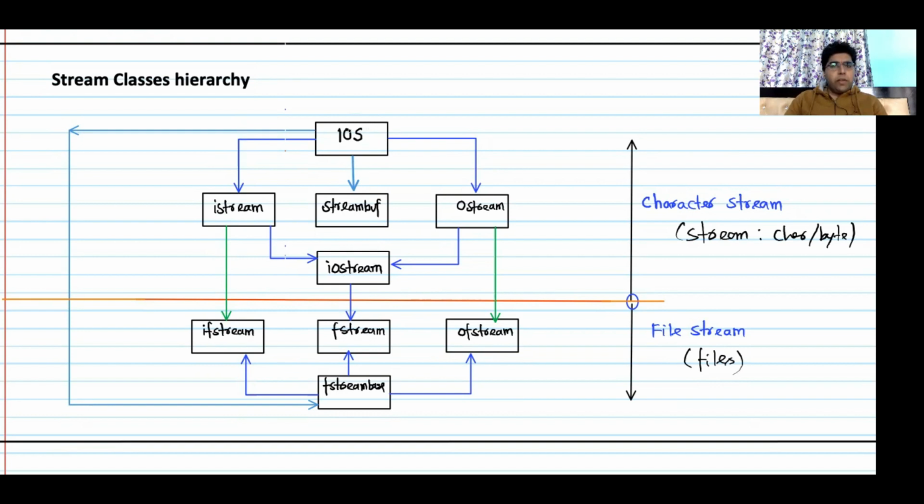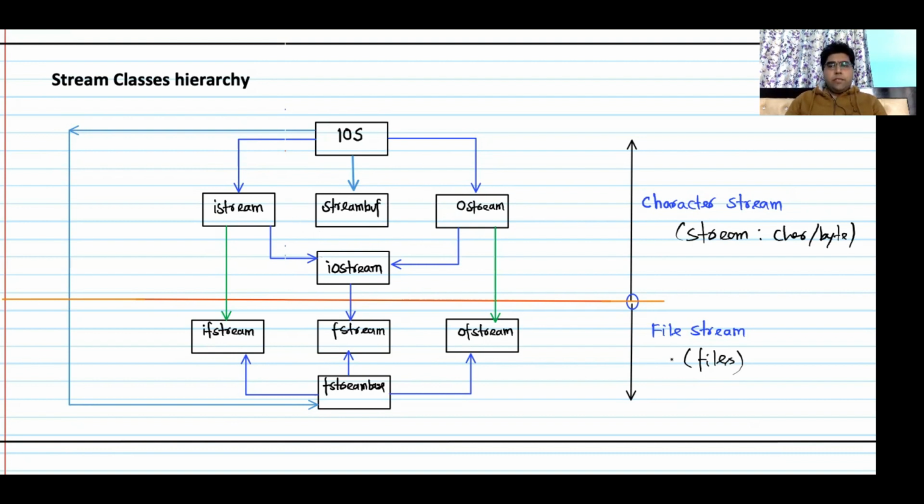If it would not be virtual, then two copies of the ios base class would be there in the iostream header file, so the compiler would throw an error. This issue is not there because ios is a virtual base class. So whenever you are dealing with characters or bytes, you have to follow this structure.